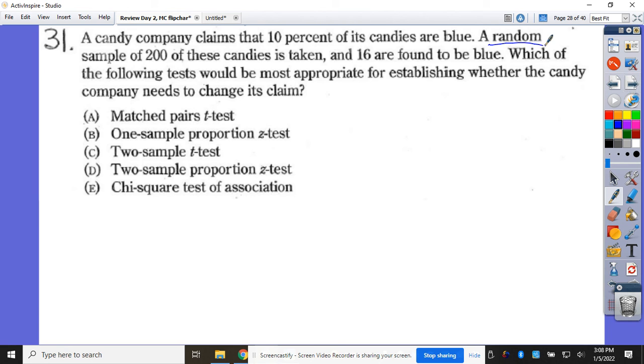Random sample is good. What is 200? What am I using this to find? The proportion or the percent, I guess. So other than n, what's the next thing to write? Alright, my success could be blue.